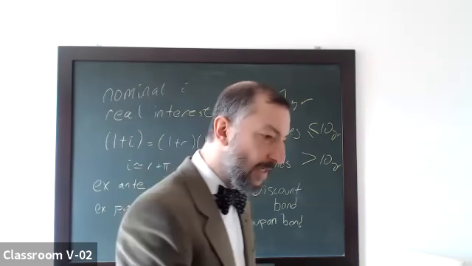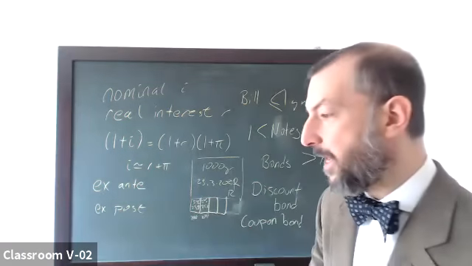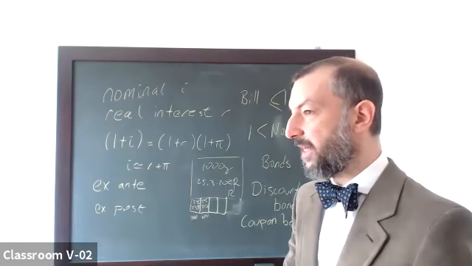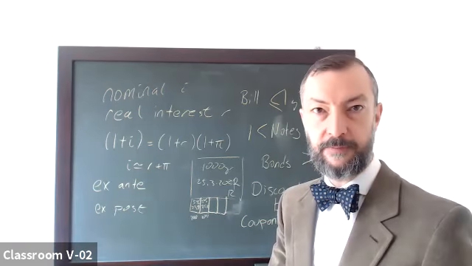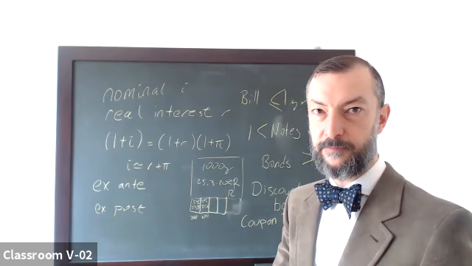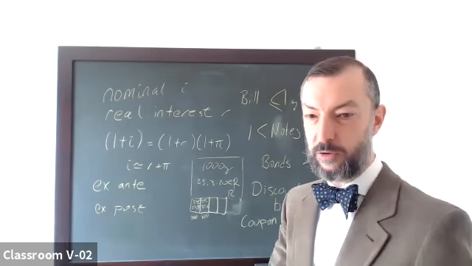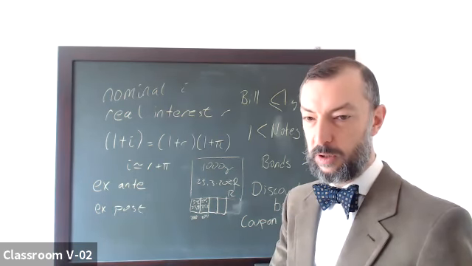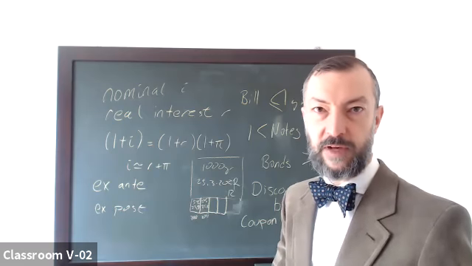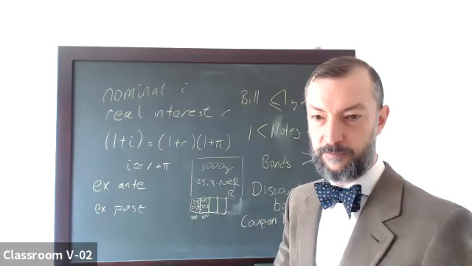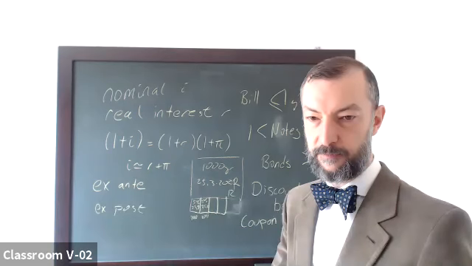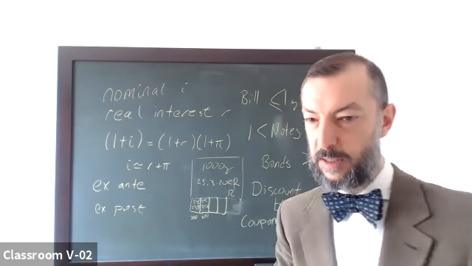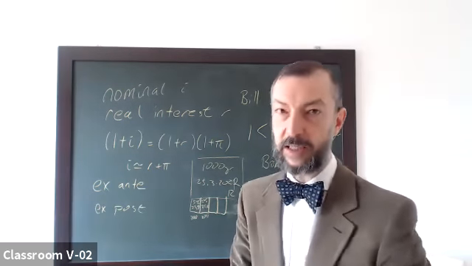Very good. Can I have a coupon bond that has infinite maturity? Can I sell you a coupon bond that never pays off its face value? All right, so we have a difference of opinion in class, which I like.